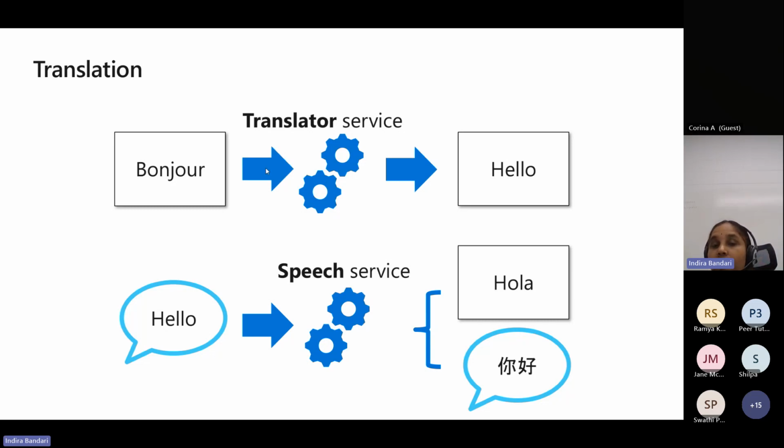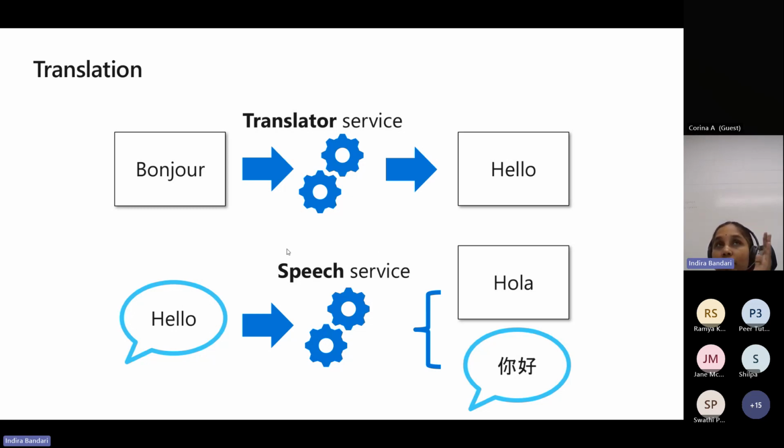Okay, text translation only happens with the translator service, whereas with speech service you can translate speech to text, and language translation can also happen with different languages.